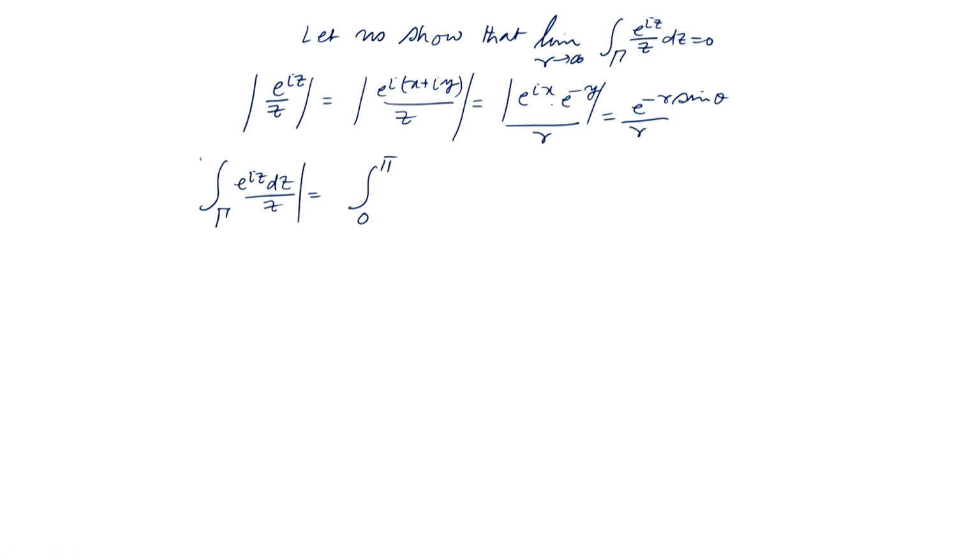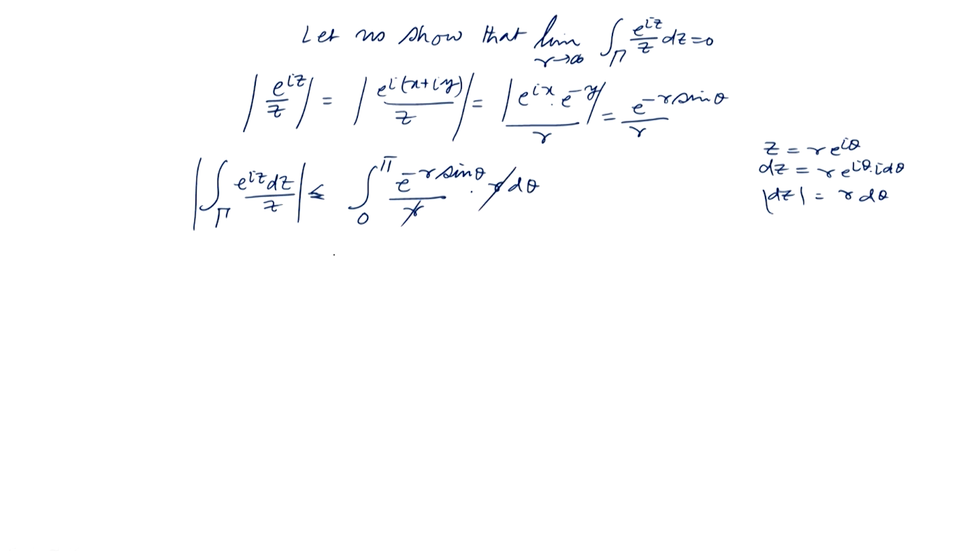The mod of this is less than or equal to e to the power minus r sin theta over r, and the mod of dz, where z is r e to the power i theta. So, dz is r e to the power i theta into i d theta. So, mod dz is equal to r d theta. So, we get r d theta here.